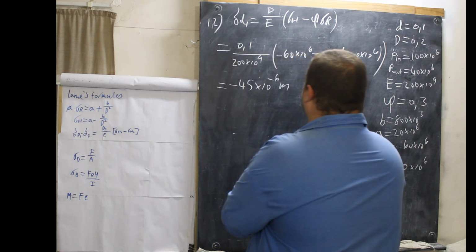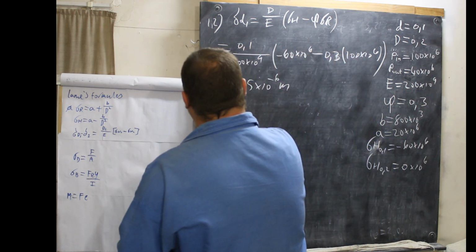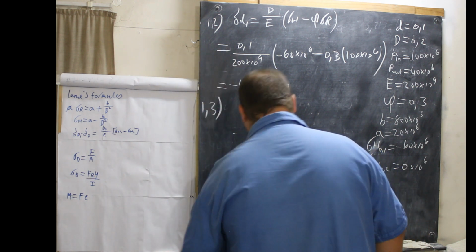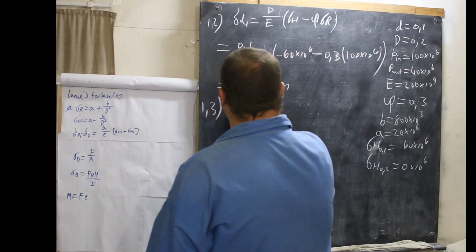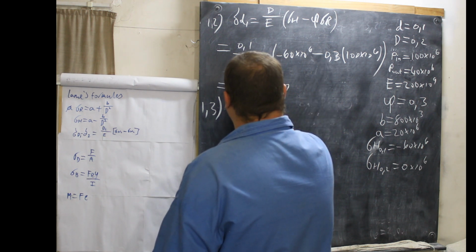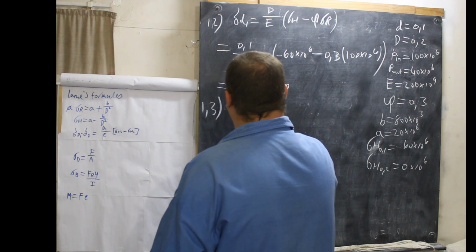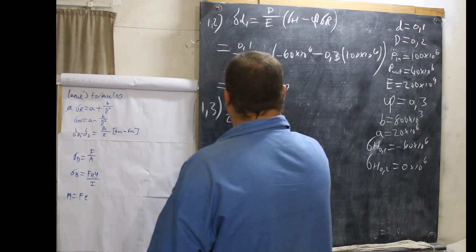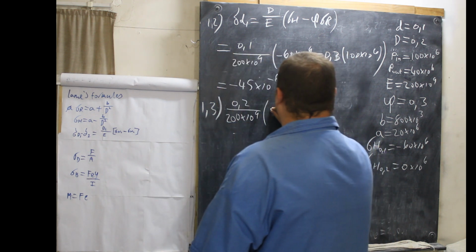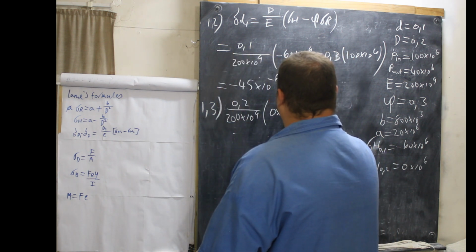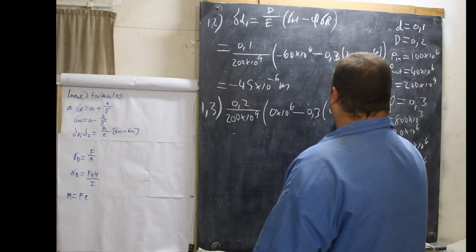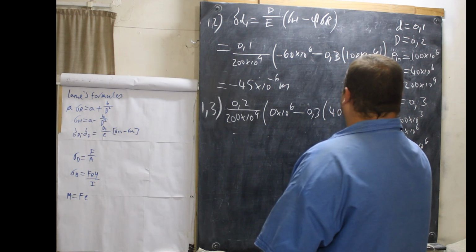Now 1.3 is they want the external diameter. So we do exactly the same formula. So that'll be 0.2 over 200 times 10 to the 9, times 0 times 10 to the 6 minus 0.3 times 40 times 10 to the 6.